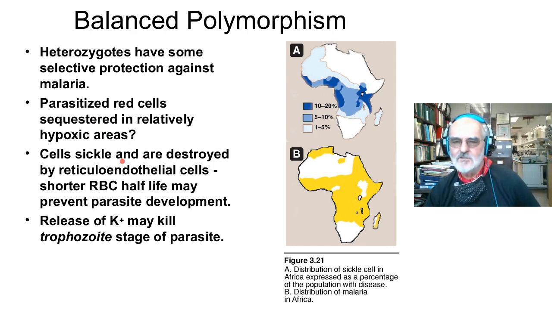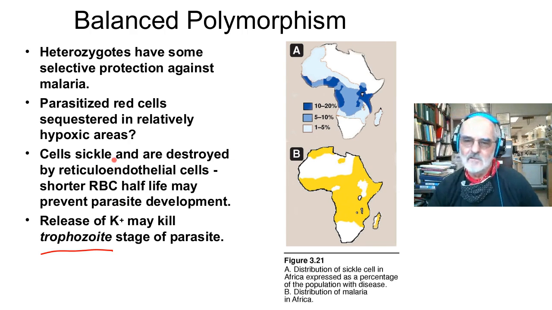And so the malaria isn't as effective in those people who carry one copy. It reduces slightly the red blood cell half-life. It prevents parasite development. There's some discussion that the release of potassium is involved in this ability to kill this organism. I think that's a little bit uncertain and controversial, but it's the way we talk about it.